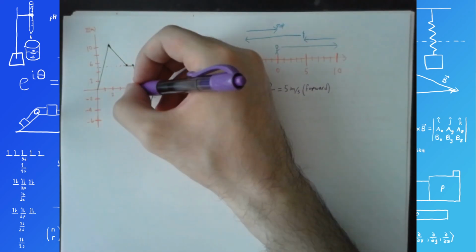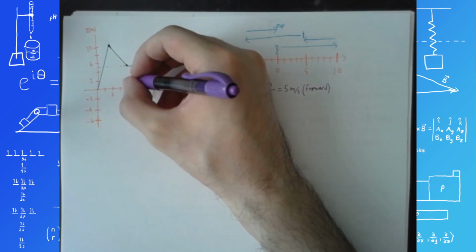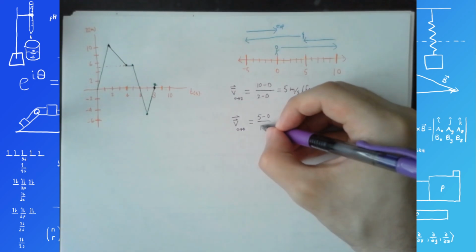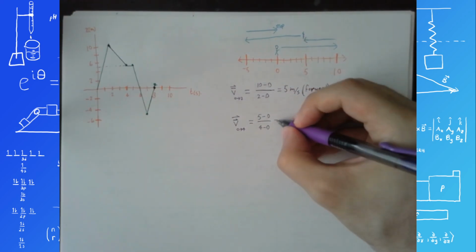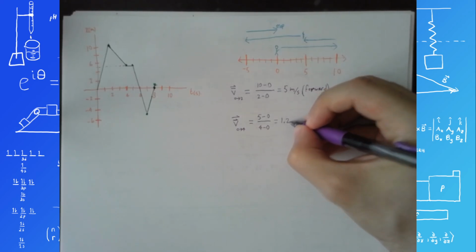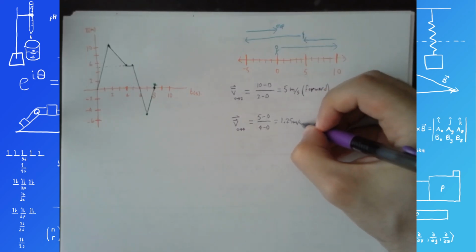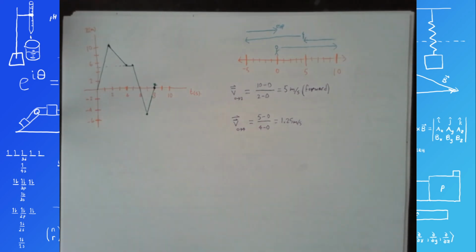Over total time is going to be 4 minus 0 equals positive 1.25 meters per second. In other words, still in the forward direction.